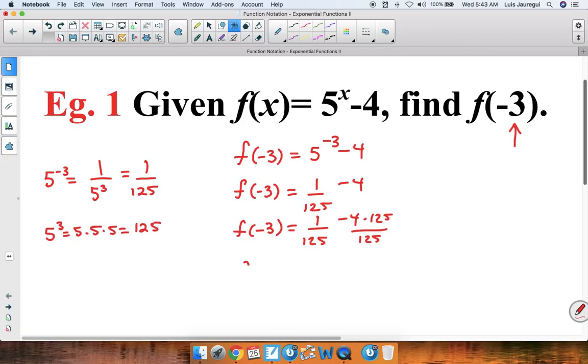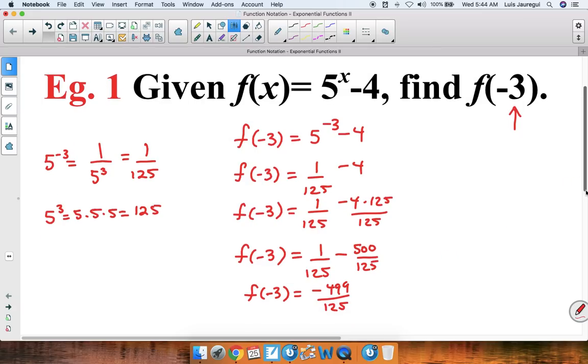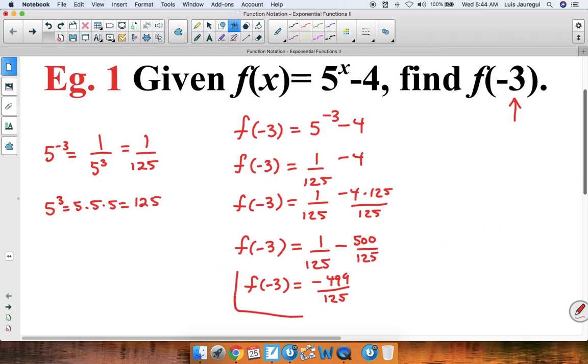So we have that f of negative 3 is equal to 1 over 125 minus 4 times 125, which is 500, all over 125. So we get that f of negative 3 is equal to 1 minus 500, which gives us negative 499, all over 125. So that's the value for f of negative 3: negative 499 over 125.